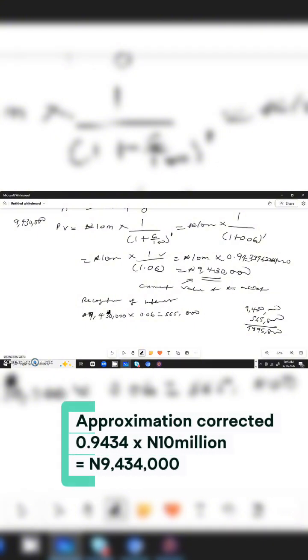Let us approximate this. This should be approximately 0.94, this should be 0.9434. So let's check that.